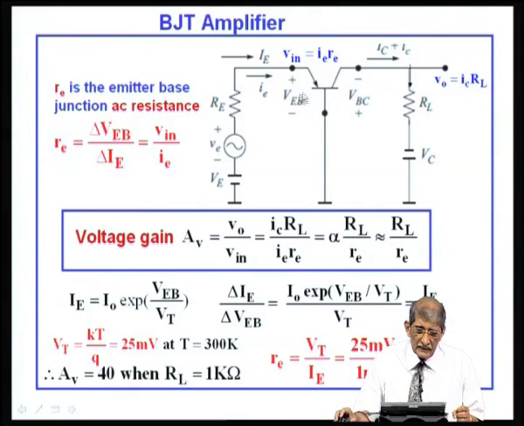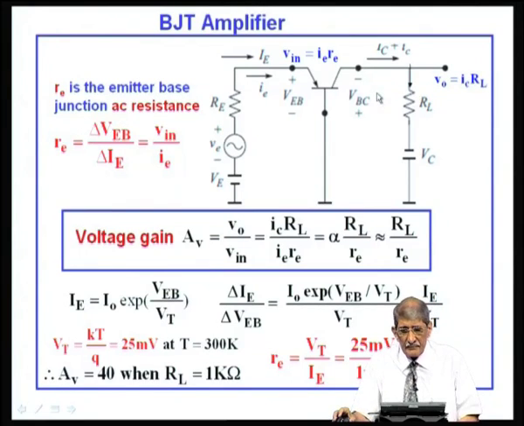So, input voltage vin will be equal to ie into re. Now, the output current, small ic, will be almost the same as ie, actually alpha times ie, where alpha is the current gain.